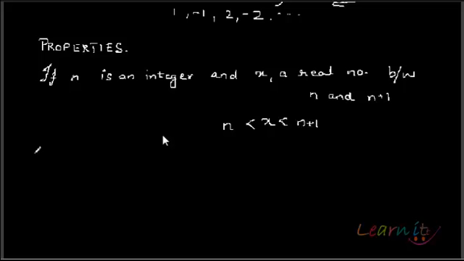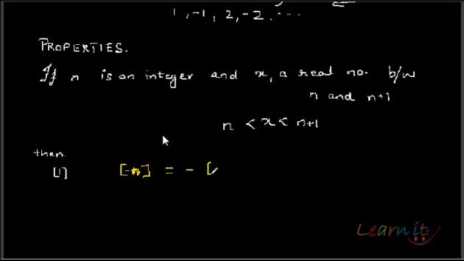Okay, so number one property says that the greatest integer function of minus n, now n is an integer, is essentially equal to the minus of the greatest integer function of n.